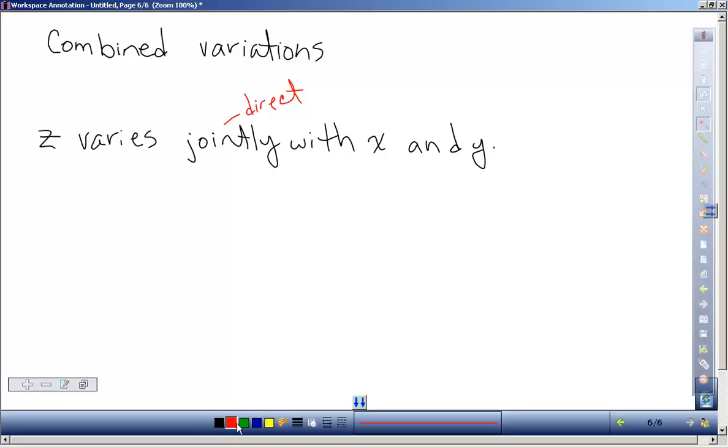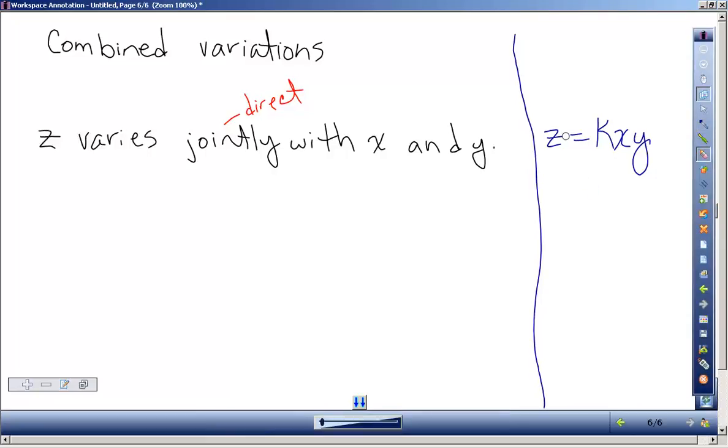But if you just see the word jointly, that means that it is a direct relationship. In this particular phrase, we would write that as z is equal to k times x and y. So we just have more than one variable over here on this other side, but they're all being multiplied. It's k times. It's a direct relationship.